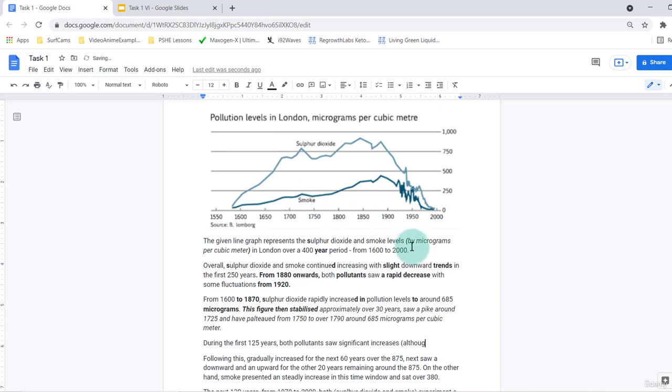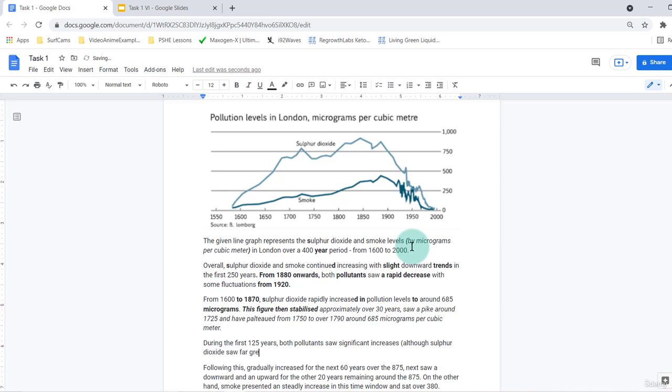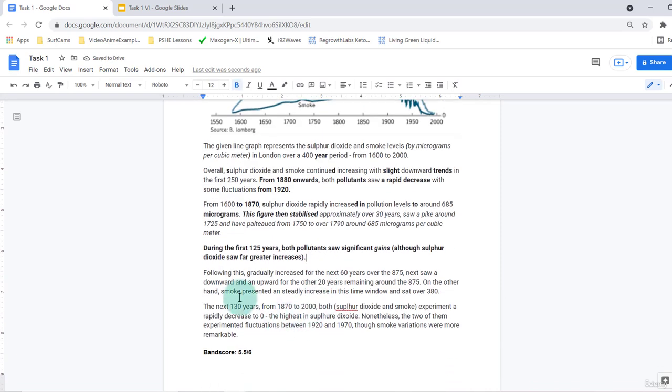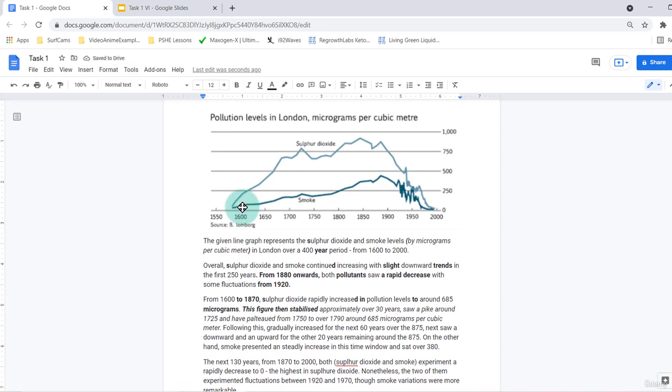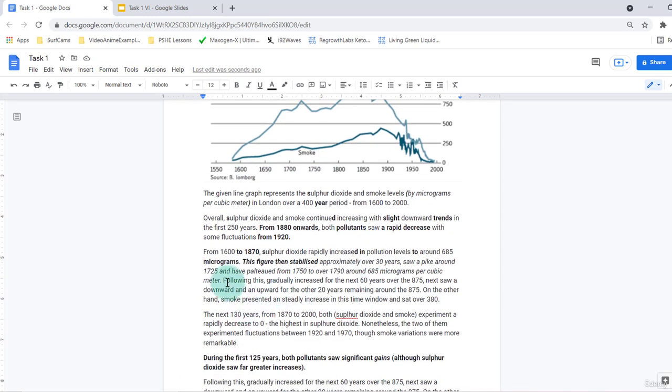I could maybe say although sulfur dioxide saw far greater rises, so far greater increases. However, there's a repetition here, saw significant gains, I'll say, so that we're not repeating ourselves. So this is probably something that I would start off with for this graph. So although it's paragraphed and structured well, there's some errors really in terms of how the student is step by step explaining. Let's continue.